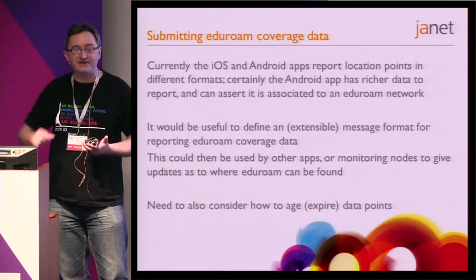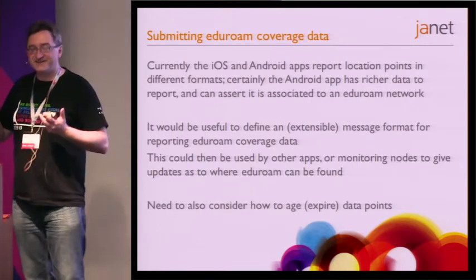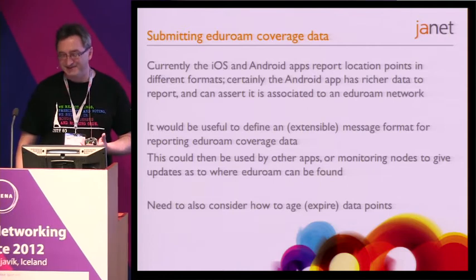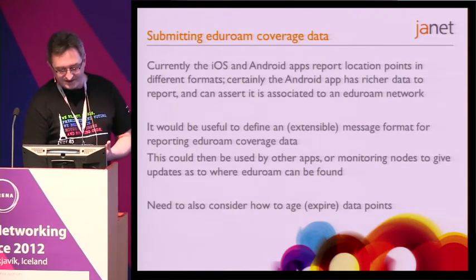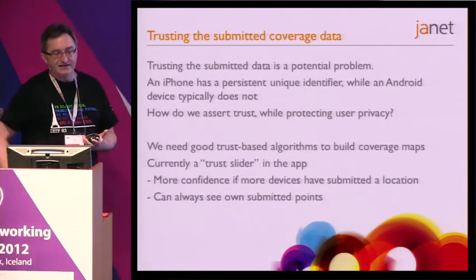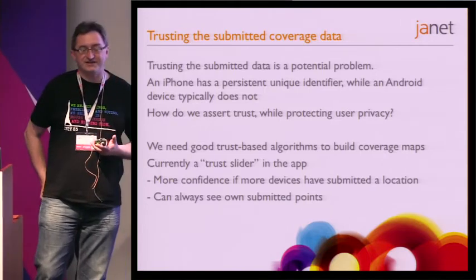Someone flies in on Monday, rushes to this site to get free wireless, and then finds there's nothing here and probably moans to Stefan or something like that as a result. So we need to consider the validity of the data over time and whether it's expired after a certain period of time. And the fourth issue here is trust.